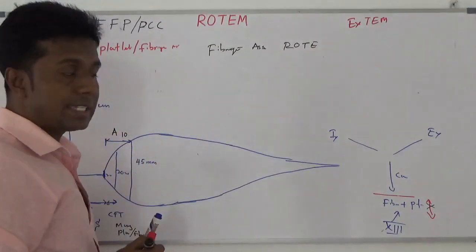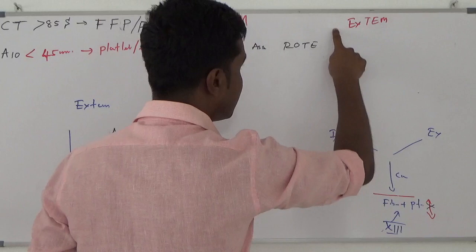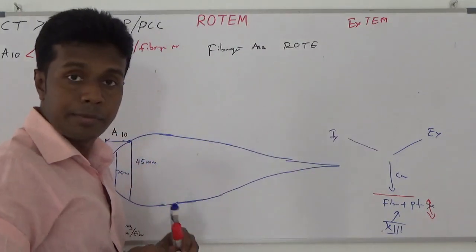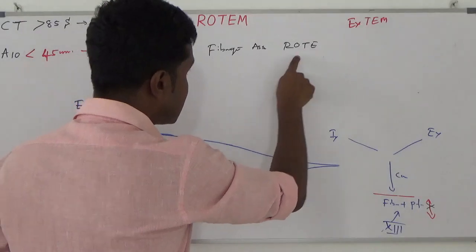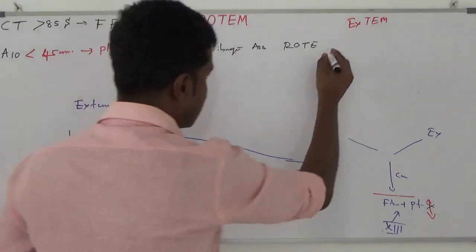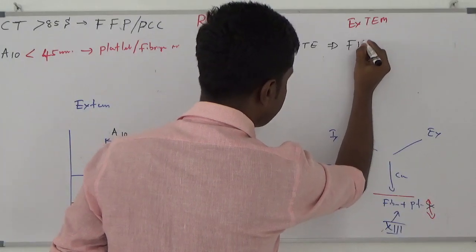Previously I did extrinsic pathway assessment ROTEM, which I call EXTEM because the previous name is too long to say. Now fibrinogen assessment ROTEM is again difficult to say, so I am going to call it FIBTEM.